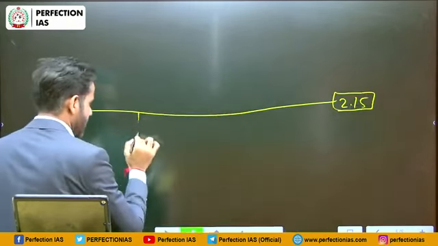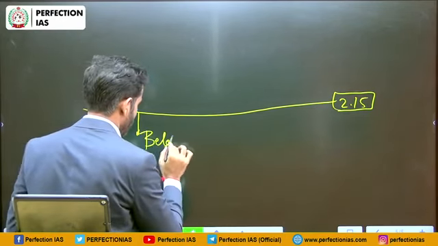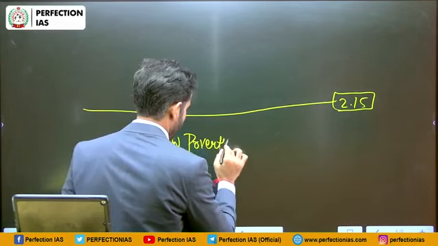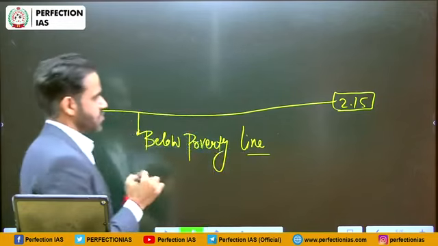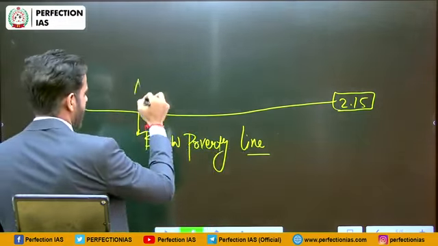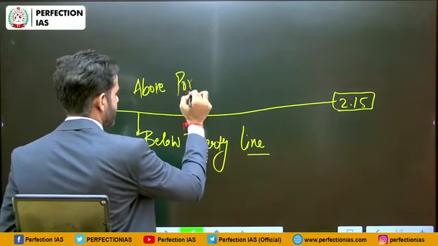Those who are having less than this, they are below the poverty line. On the other hand, those who are having higher than this amount, they are above the poverty line.